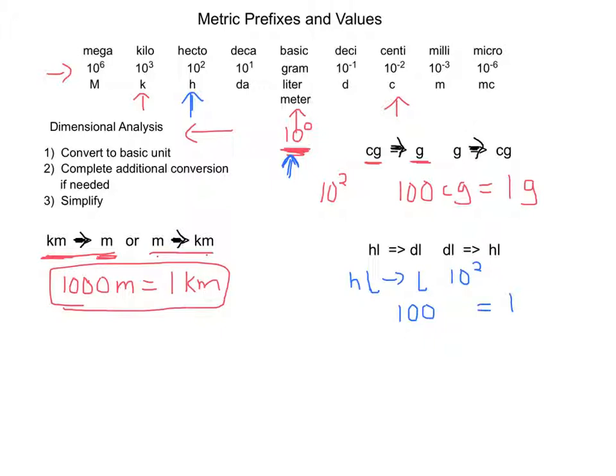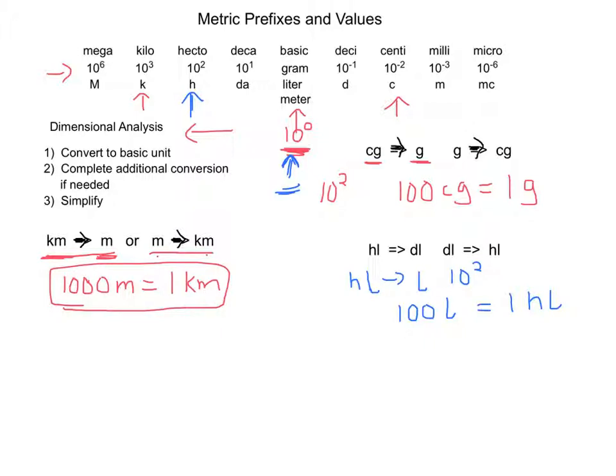Which one is the smaller unit? Well, the smaller unit is my liter in this particular case. So how many liters will it take to make a hectoliter? It will take 100 liters to make 1 hectoliter.